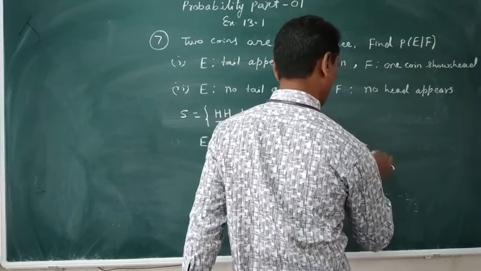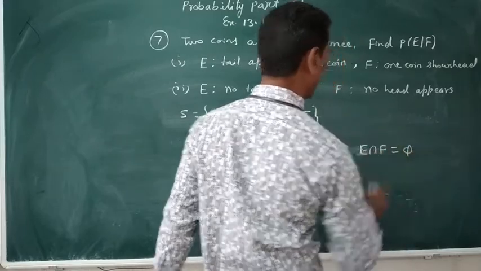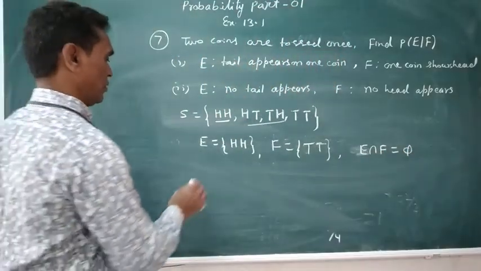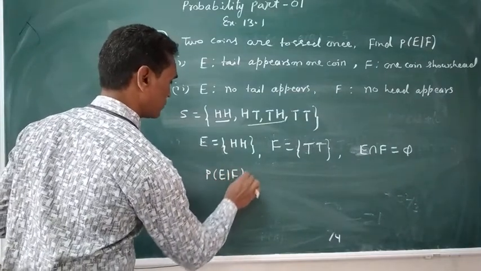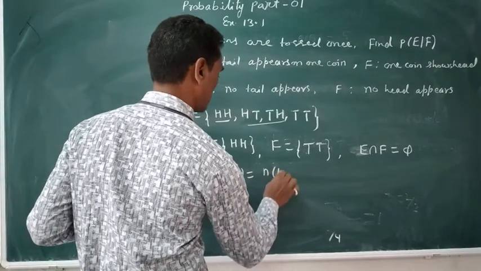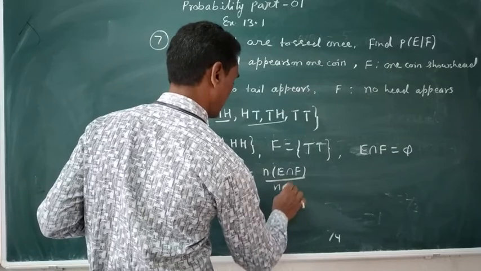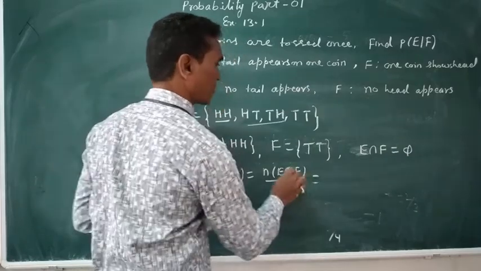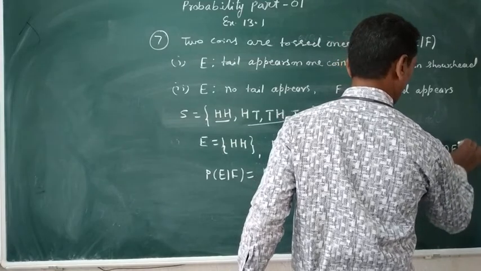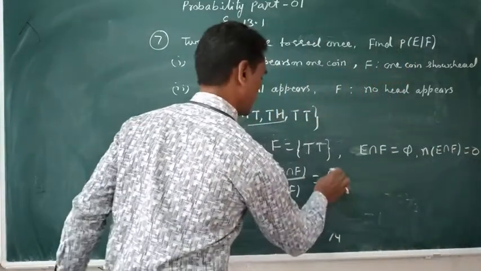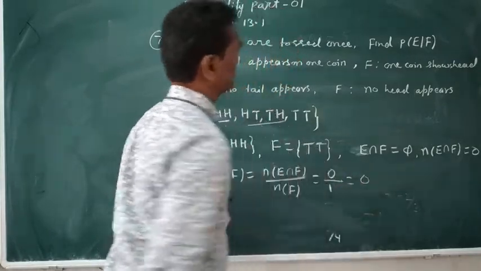E intersection F will be empty. So number of elements in the intersection is 0. So probability of E given F is equal to number of elements in E intersection F by number of elements in F. So 0 by 1, that is 0.